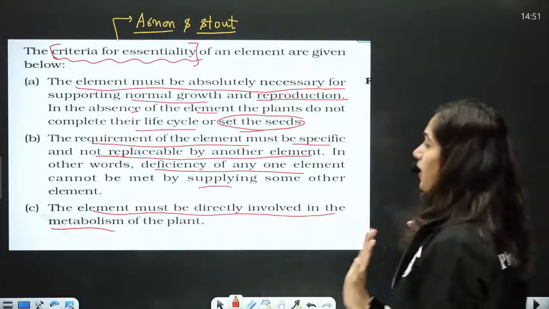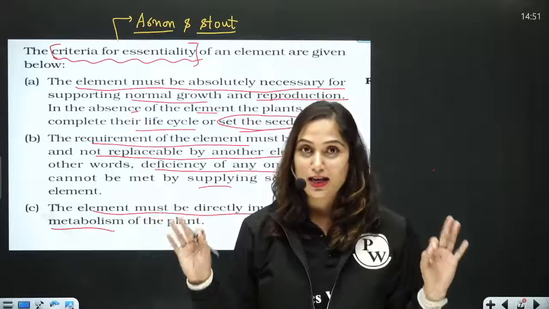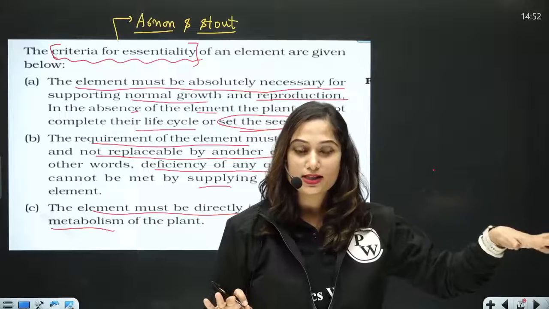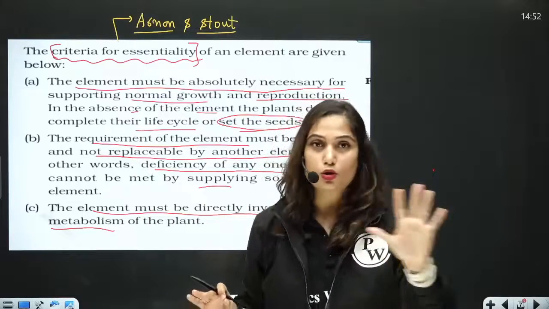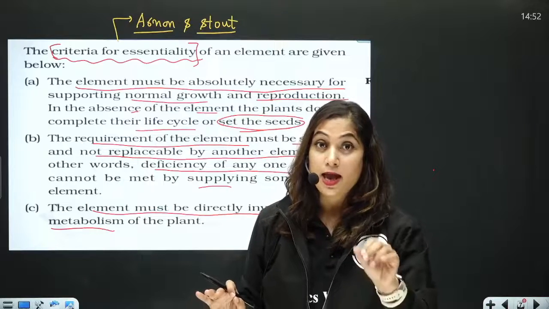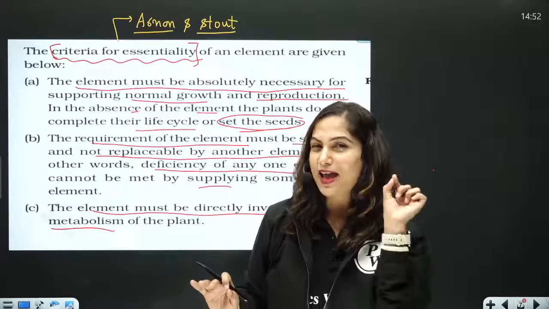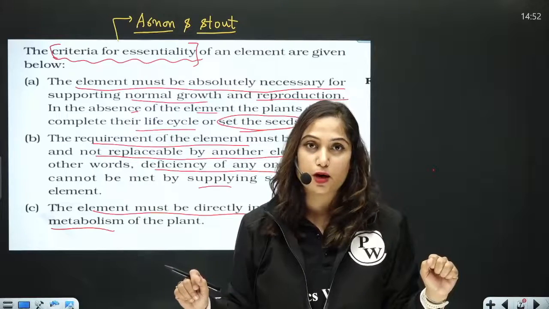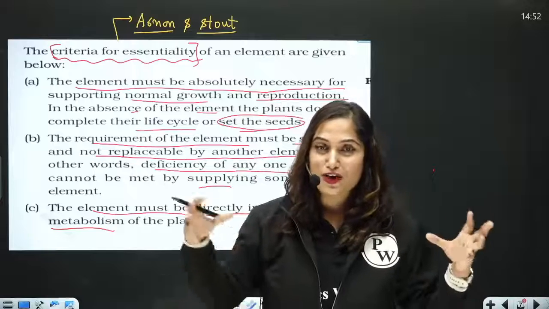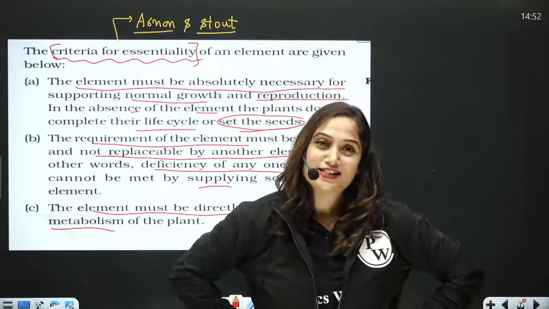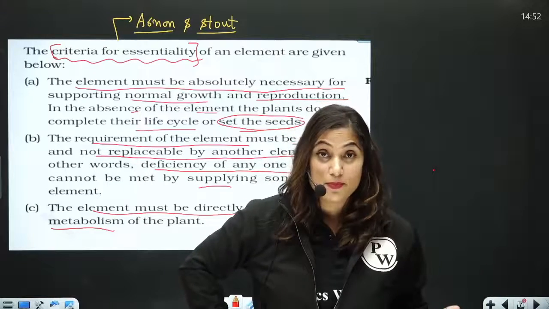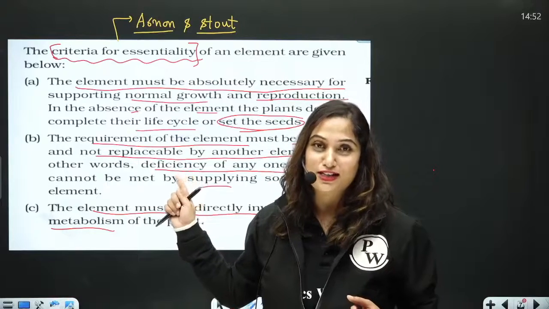Now I know that out of 105 elements discovered, more than 60 are reported in the plant, but not all of them are essential. Not all those 60 elements are essential, and I can detect them in the plant at low concentration, that is 10 raised to the power minus 8 gram per ml of plant matter. With the technique of hydroponics, now I understand which are essential and which are non-essential, and how I decided them on the basis of criteria for essentiality.